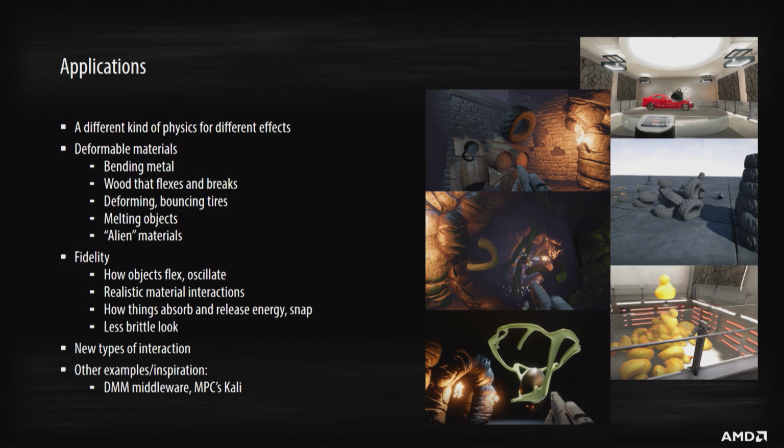You can see effects from that, how they spring back, or actually how they snap when they break. And even some stiffer materials have enough deformation that it can affect the look of the material. And so that's one of the goals, getting maybe a more realistic look and less brittle look for materials like wood.